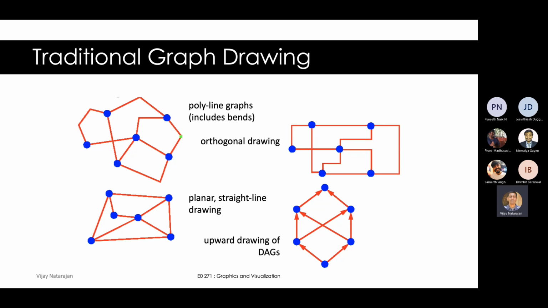So one criterion that people often try to optimize is to reduce the number of crossings, right? The number of crossings is dependent on the total number of edges, not so much on the valence of a particular node, right?